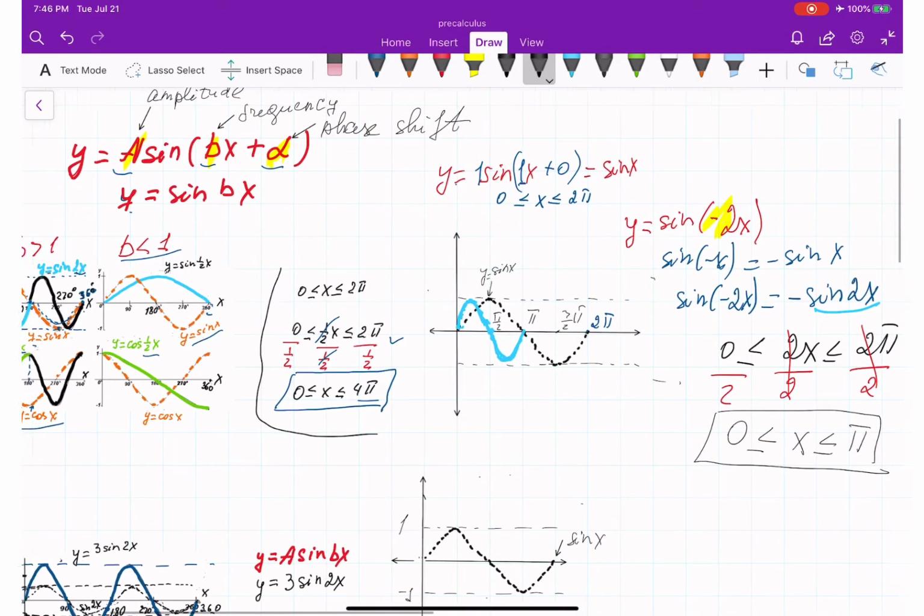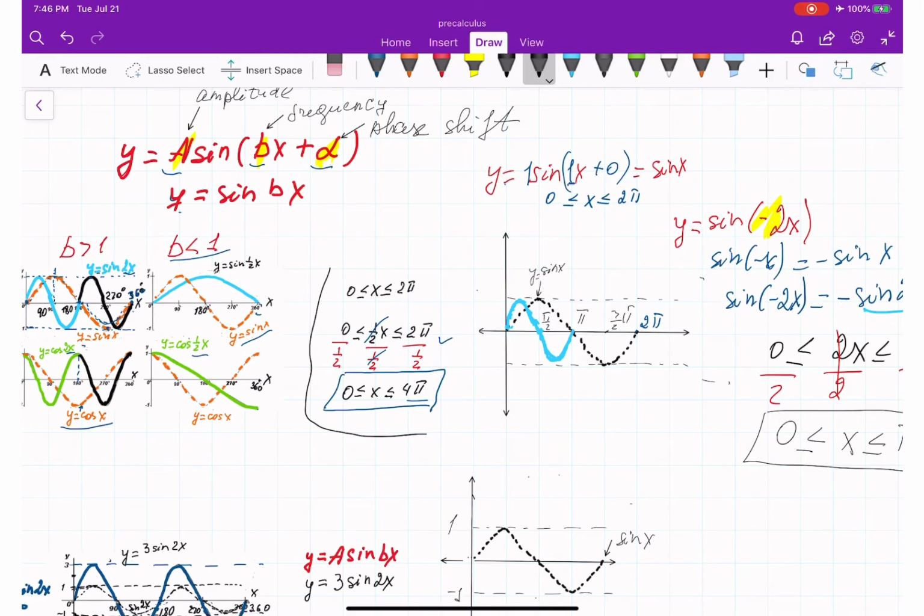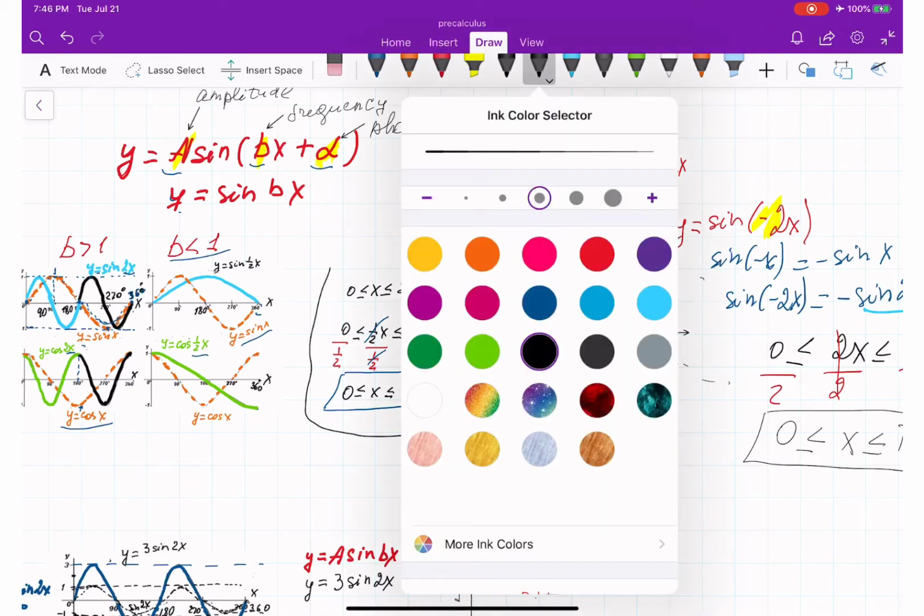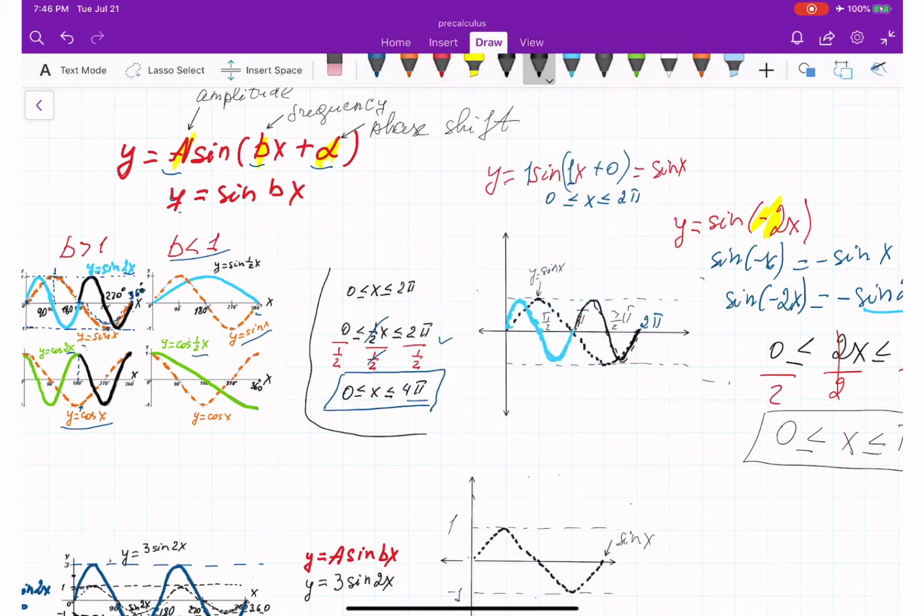Okay, let me go now with a second wave. Go thicker.